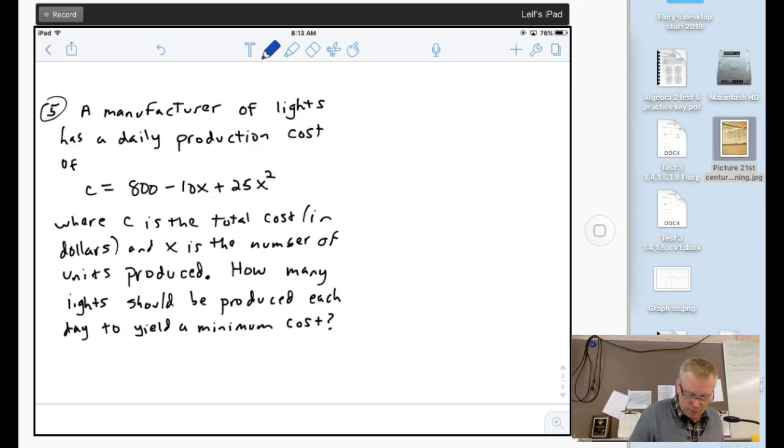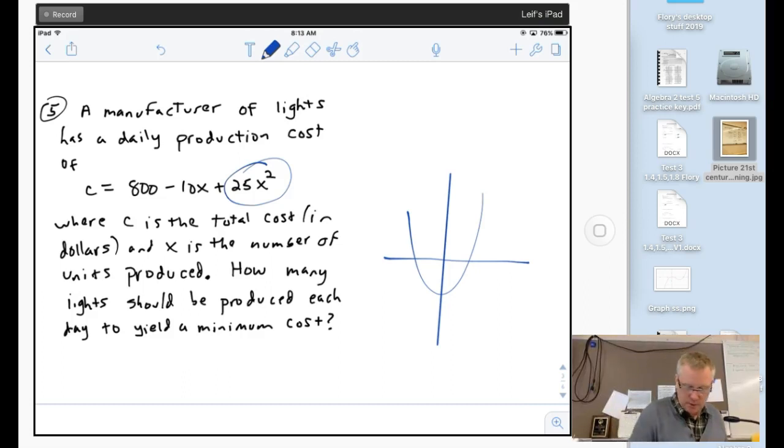If I was to do a quick graph, I know this is going to open up because this is the biggest number in the degree of the polynomial. I don't know where it's going to hit, and I don't even have to put the crossbars in there. I know it's going to just open up.